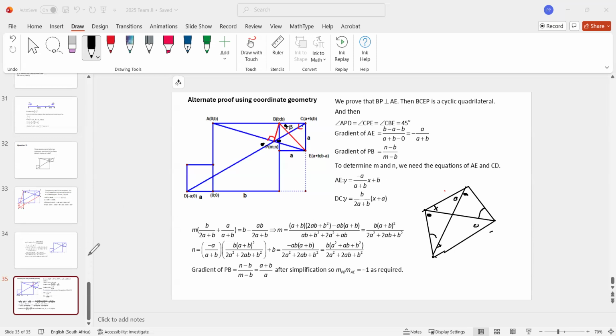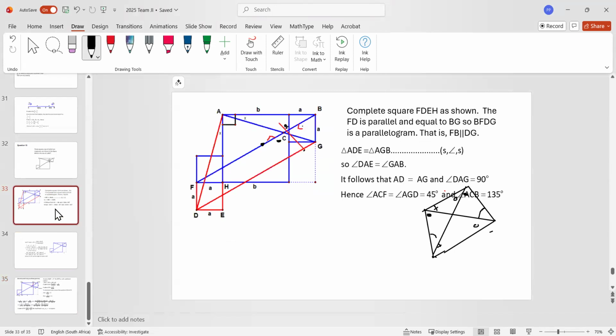All right. And then finally, there was a trigonometric solution. What happened to the trig solution? Oh, it seems that I wiped out the trig solution.